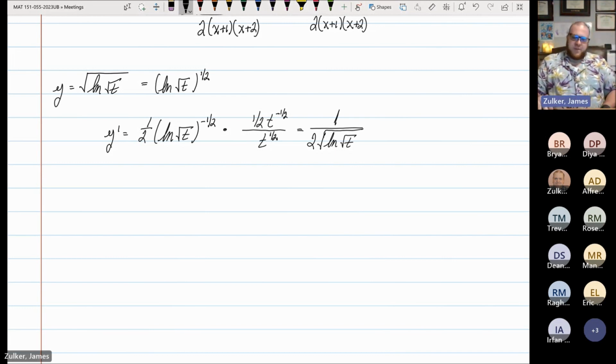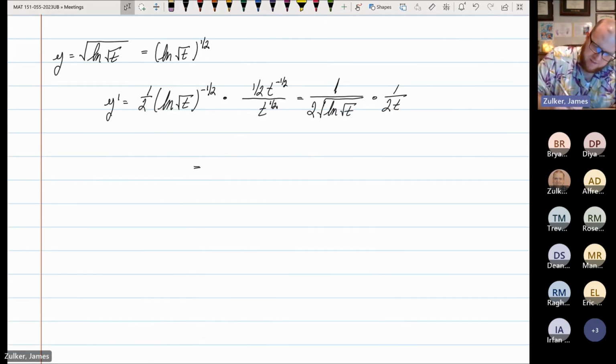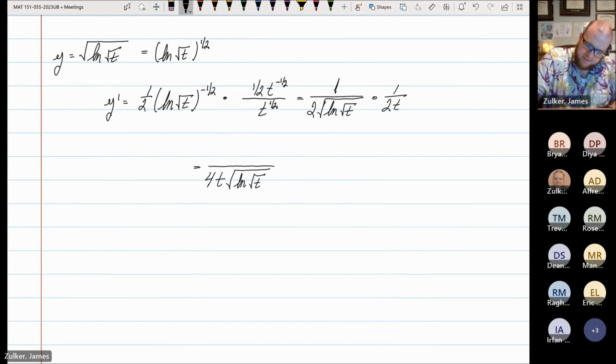All right, now just do some algebraic simplifications. Looks like it's going to be 1 over 2t. Denominator becomes 4t square root natural log of square root of t. And it's 1 over all that.